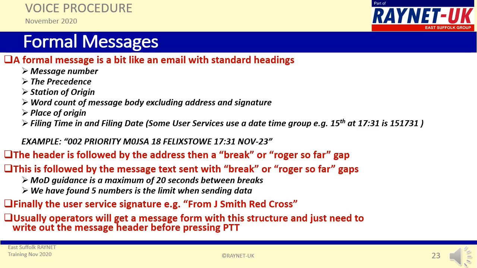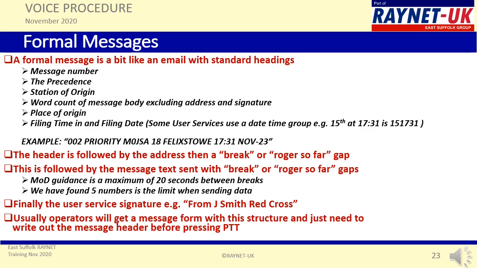Some user services use a date-time group formed of the day in the month and the time. Others will use the full time and the date. So, for example, you might hear "002 priority M0JSA 18 Felixstowe 1731 November the 23rd."